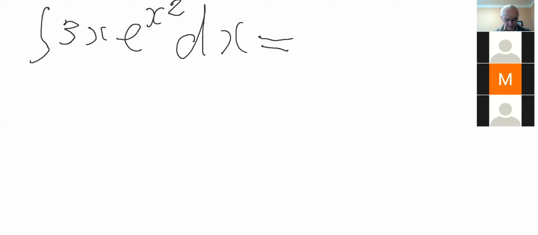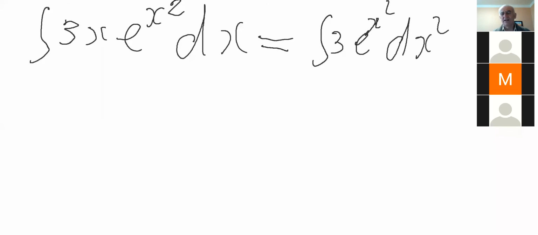And let's do it. I will write down 3 e to the power x square dx square. And now let's check. Are they equal? How do we check? We can find the differential of x square, dx square.